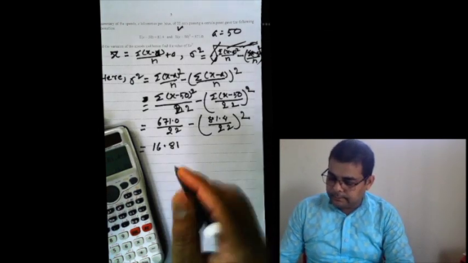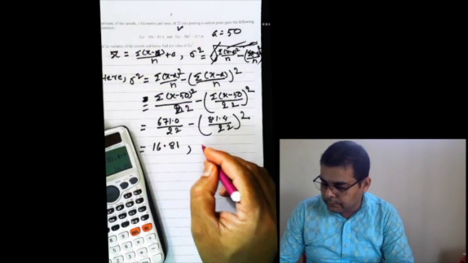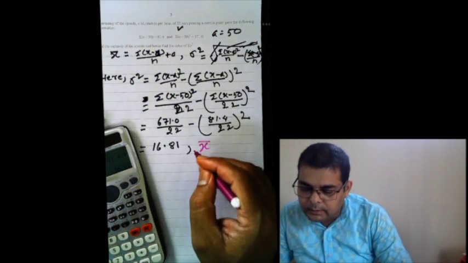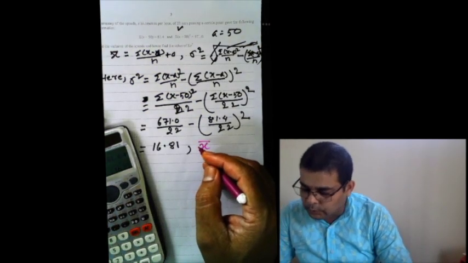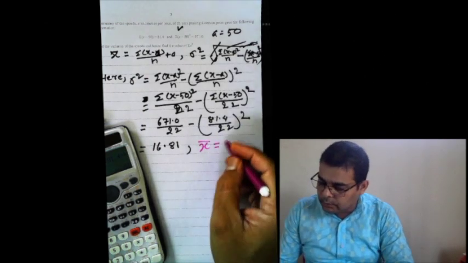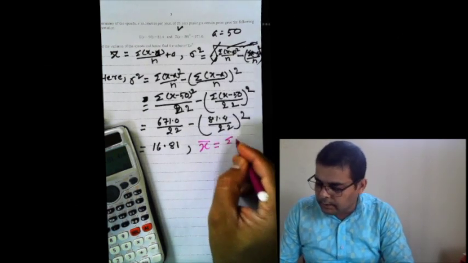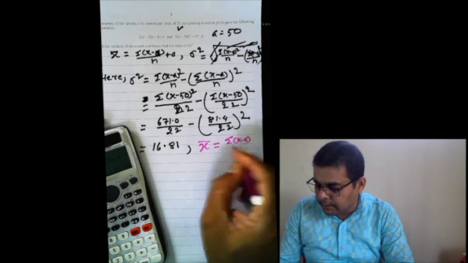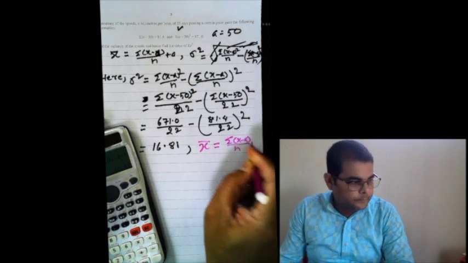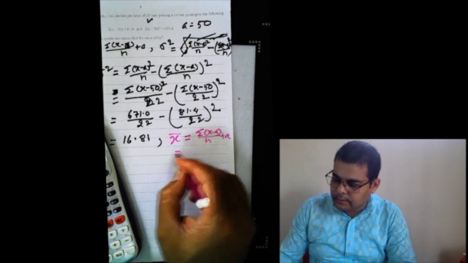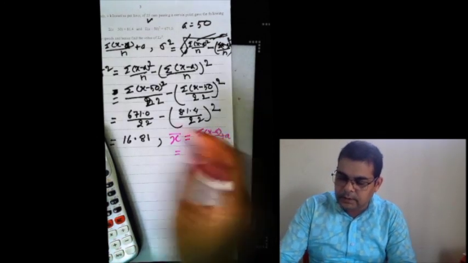And if you like, you can also calculate x bar, whether or not at this moment the question asked you to do so, but we are going to use this. So x bar by coding method is summation of x minus a divided by n plus a, and here x minus a means x minus 50.